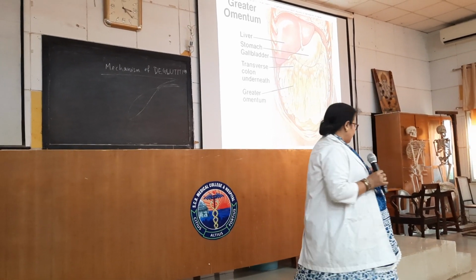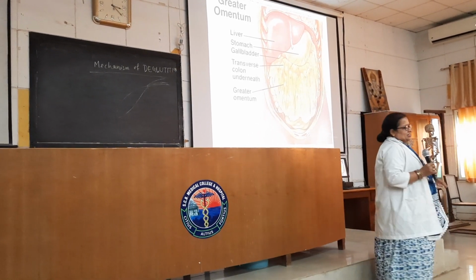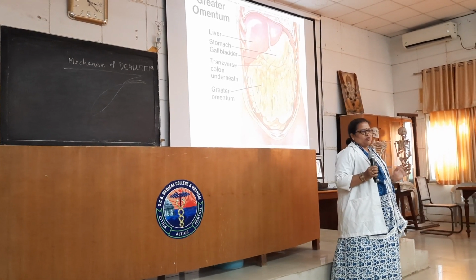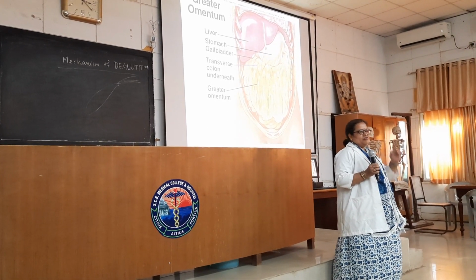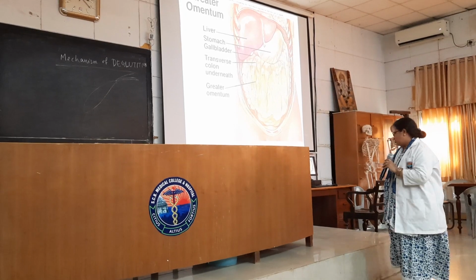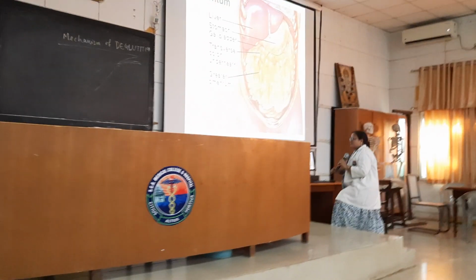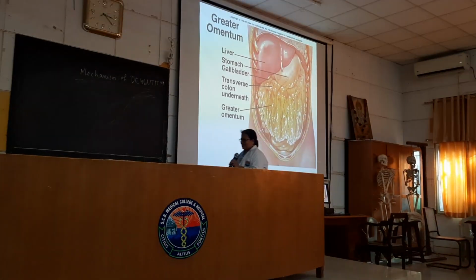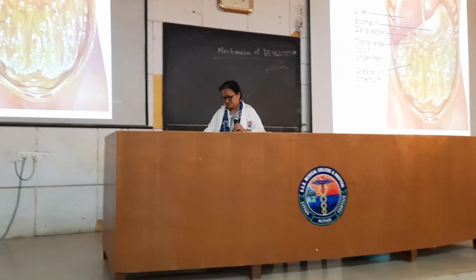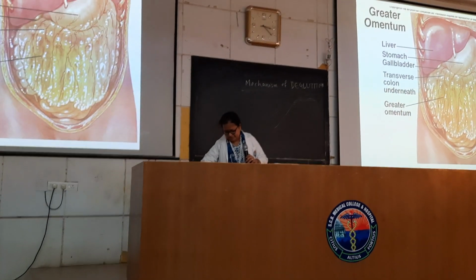So the whole of the abdomen is divided again into 9 quadrants by 2 vertical lines and 2 horizontal lines. Do you remember the 2 vertical lines? This is very important.